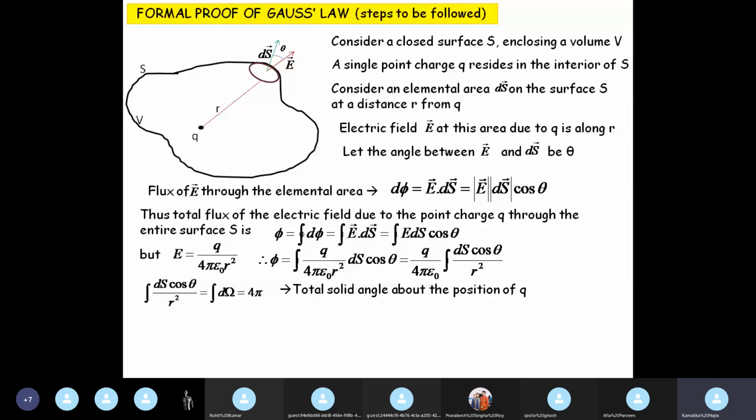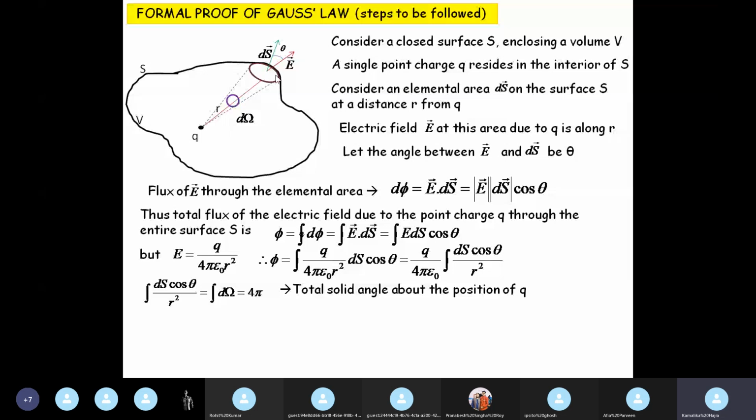So if you just take d omega here, see, this is a cone. If you take this elemental area ds and draw lines and join the edges with the point at which the charge is residing, basically you get a conical shape whose three-dimensional angle is d omega.